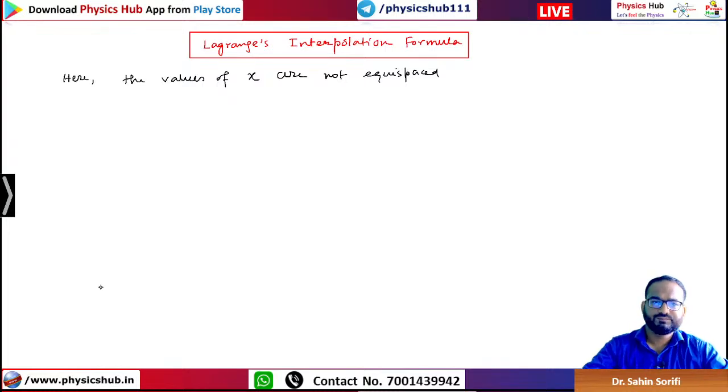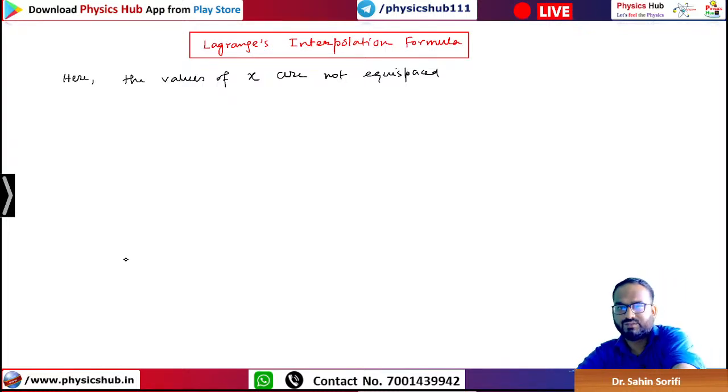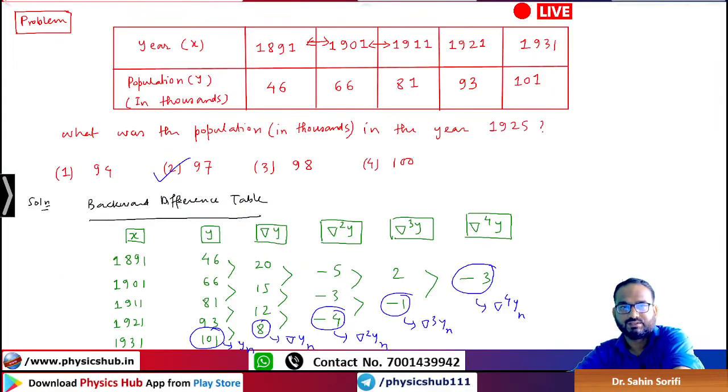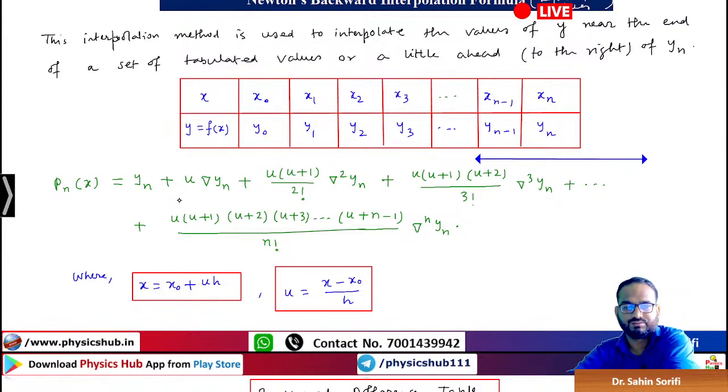So here also we are going to use the same table, but the difference is here the values are not equidistant.